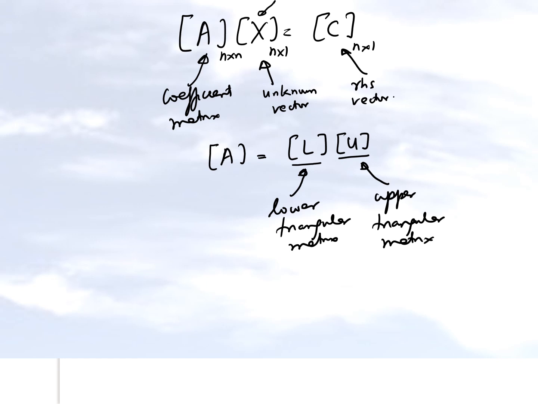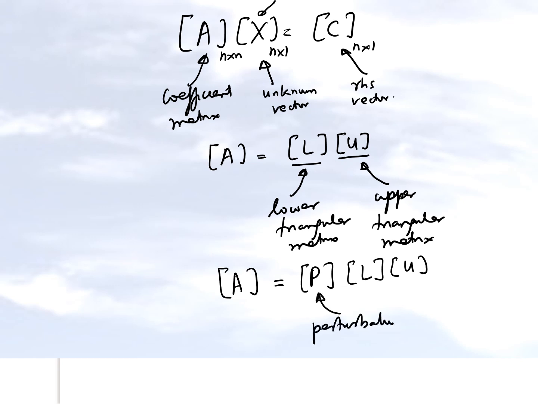And people might ask, can we always write A in LU form? It's not a difficult question to answer, but we cannot do it clearly. One of the things I can tell you is that if A has an inverse, or what we call a non-singular matrix, then you can surely write it in some form which looks like this, where P is a permutation matrix.